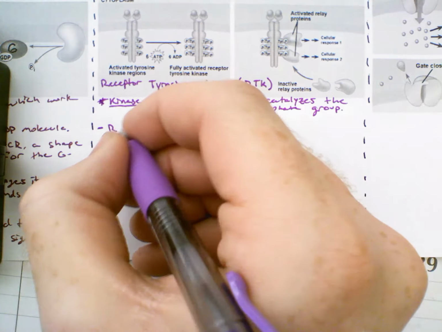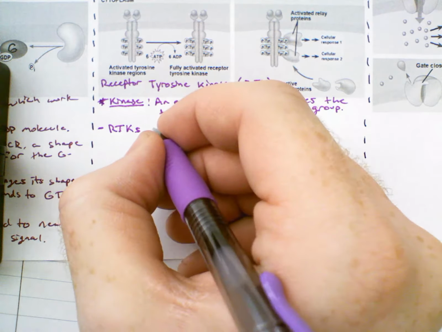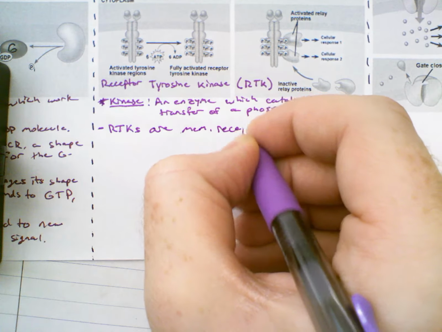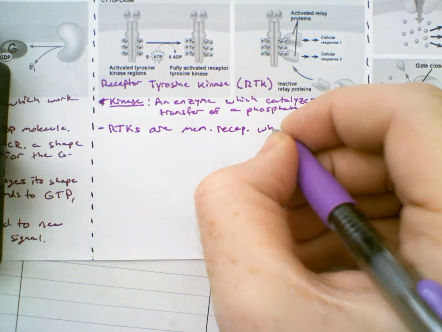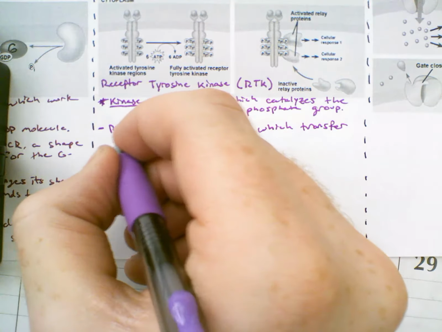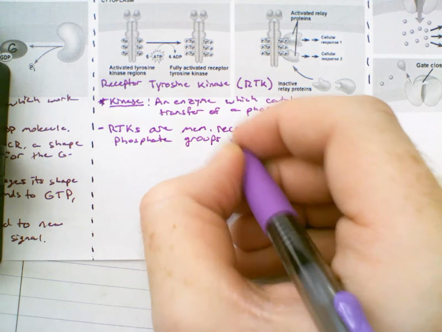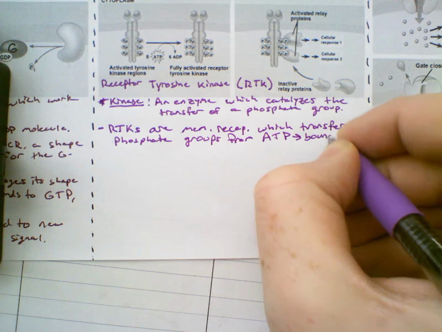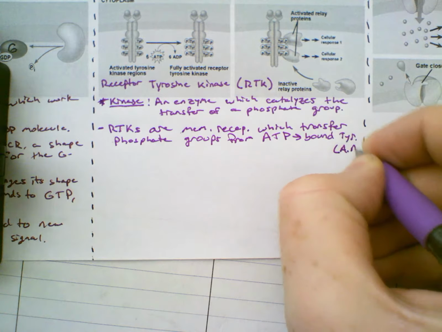This specific kind of kinase, so the RTKs, are membrane receptors, which transfer phosphate groups from ATP to bound tyrosines, which are, I'm just going to put AA for amino acids.